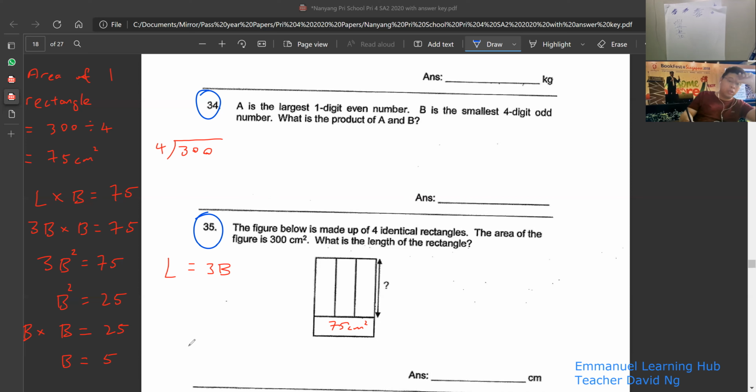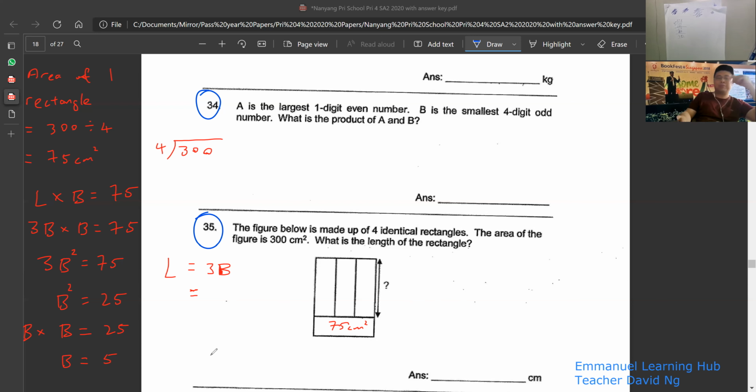You see, our length is 3 breadth. You know B is 5, right? So 3B is how many? 3 times breadth. What's your length? Breadth is 5, right? So length is 3 times breadth.